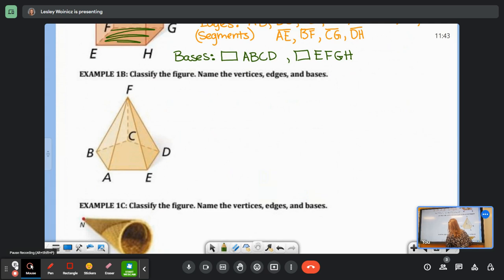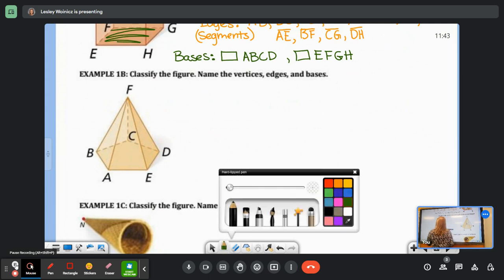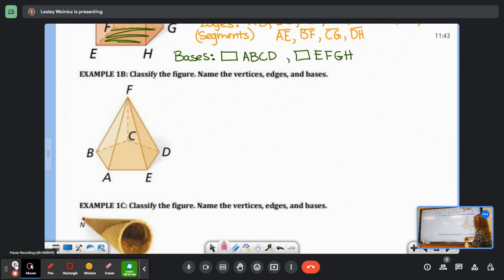So to name this figure, we have to look at its base. So I see 1, 2, 3, 4, 5. So it's a pentagonal something. Is it a pyramid or a prism? Prism. Whoa! It's a hexagon. What? No, it's not.